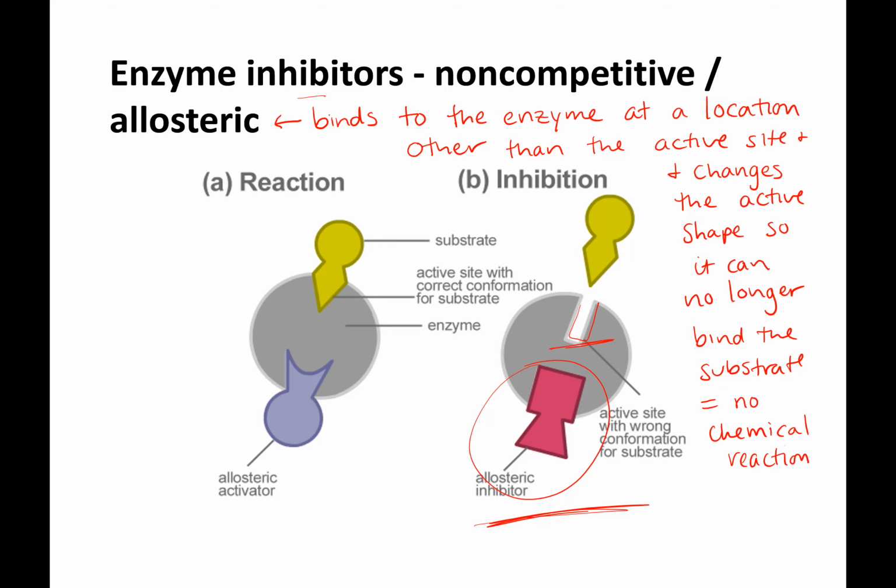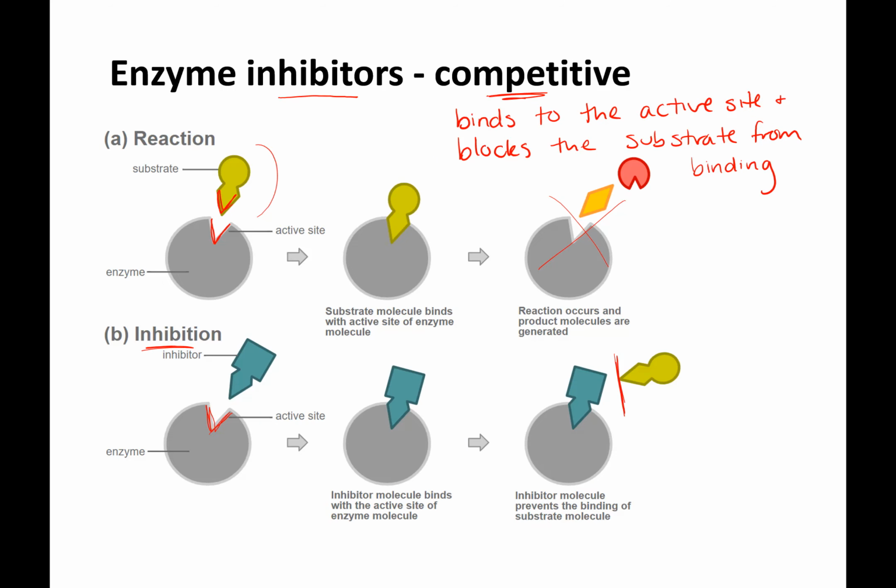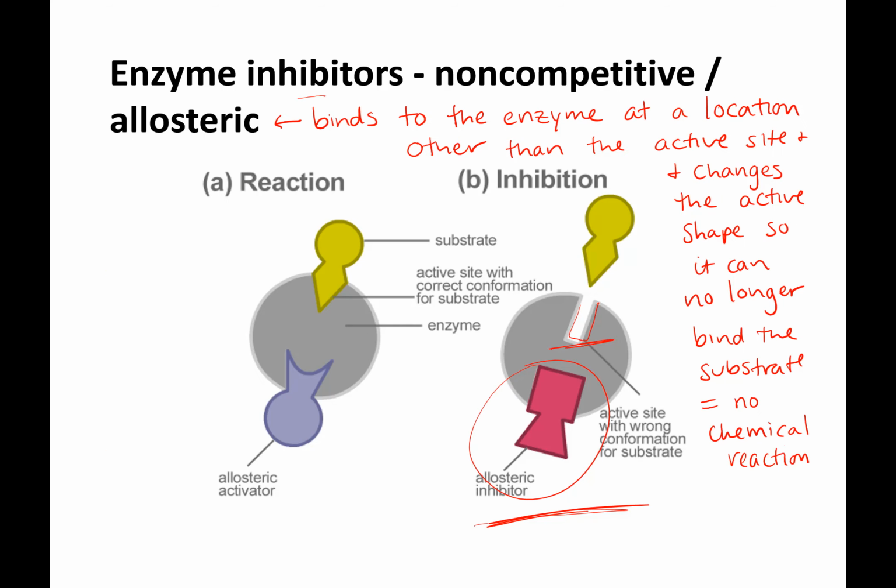So competitive inhibitors bind to the active site and physically block the substrate from binding, and that results in no chemical reaction. And allosteric inhibitors bind somewhere else, change the active site shape so that it can no longer bind the substrate, and there's no chemical reaction.